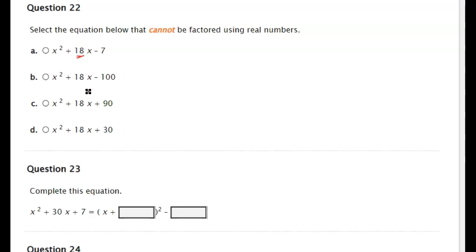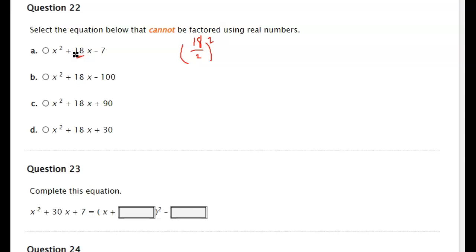So that's your b. Okay, so in this, we're going to go through each one separately because we need to know which one cannot be factored using real numbers. All right, so the coefficient of x is b. So then we do b over 2. So in this case, it's 18 over 2, and then we square it.